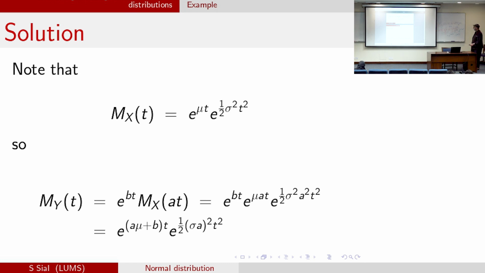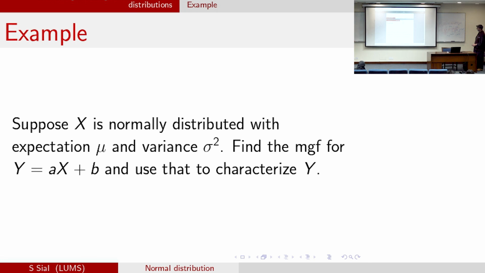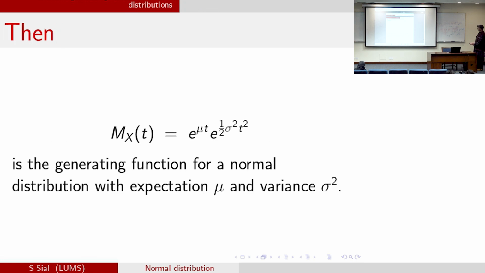Okay? What was the MGF for a normal random variable? It was e to the expectation times t times e to the 1/2 variance t squared. So that's e to the something t plus 1/2 something that I could call a variance, t squared.